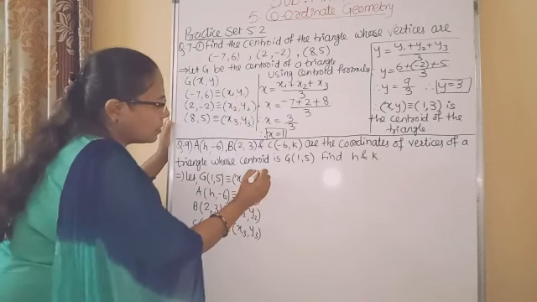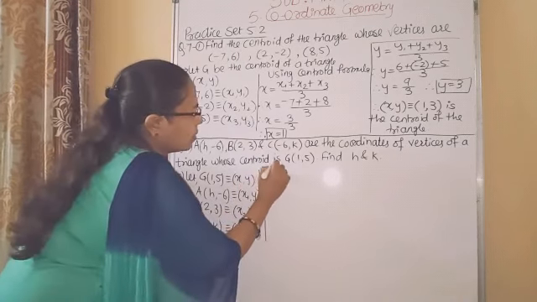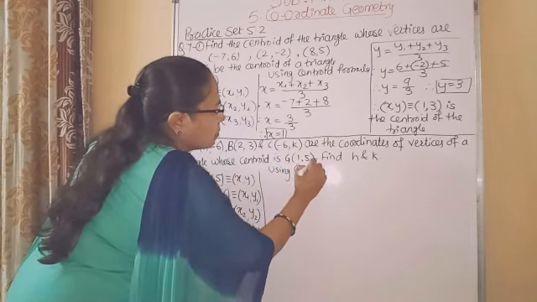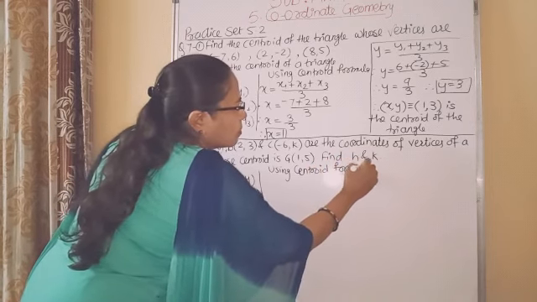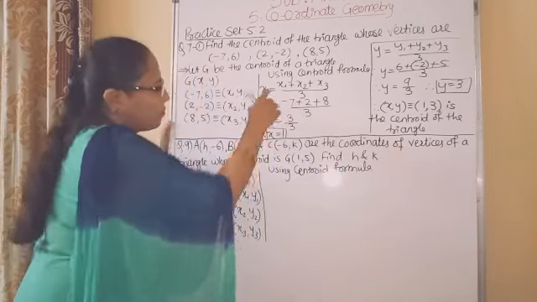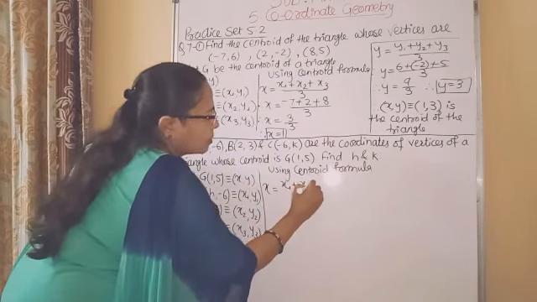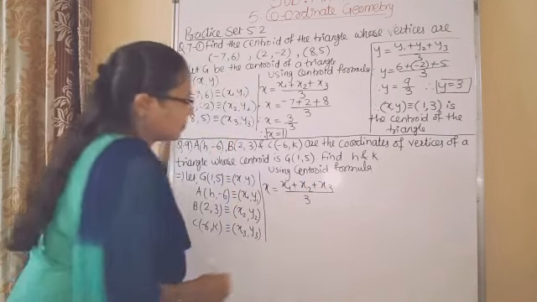Okay. Now we will use the centroid formula. So this is the centroid formula. The x coordinate is (x1 plus x2 plus x3) upon 3.